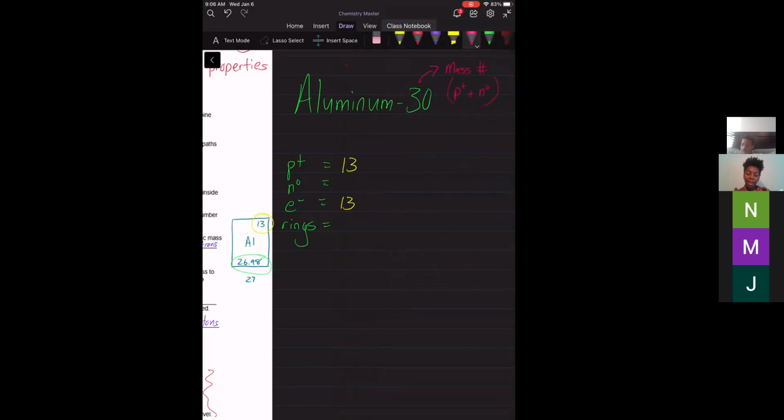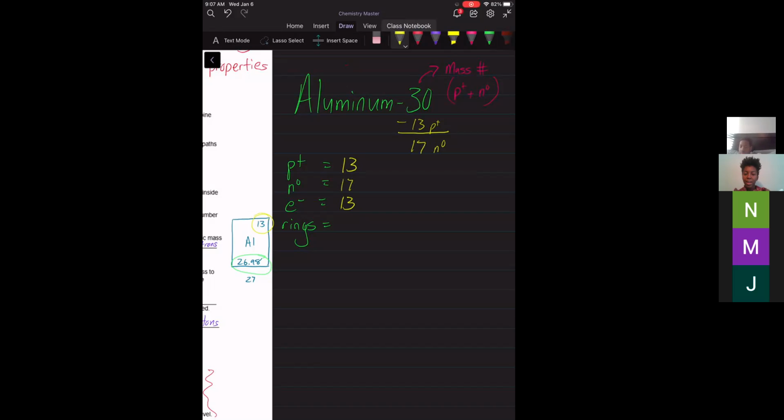So if I know that this is protons plus neutrons, and we just figured out that I have 13 protons, then if I subtract these two, I should get my number of neutrons. So what's that leave me with? 30 minus 13. 17. 17, very nice. All right, so now I got 17 neutrons.